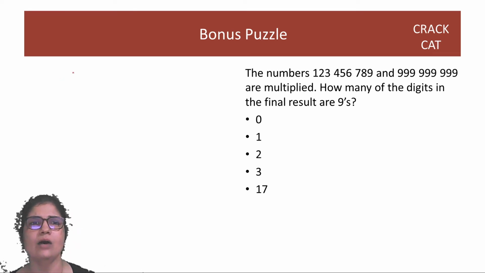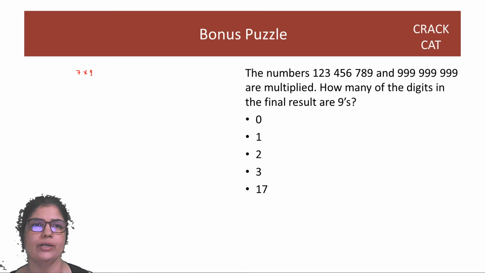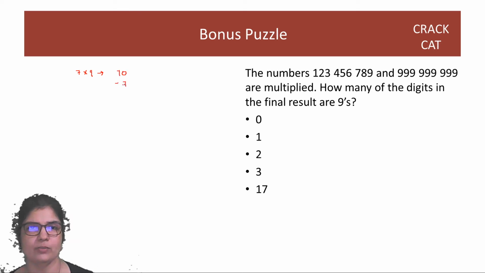I will see how do we multiply by 9 first. So let's say if I have to multiply 7 by 9, I say, okay, of course, we'll just multiply. But the other option is to multiply 7 with 10 and then subtract 7 from it. So I get 63.